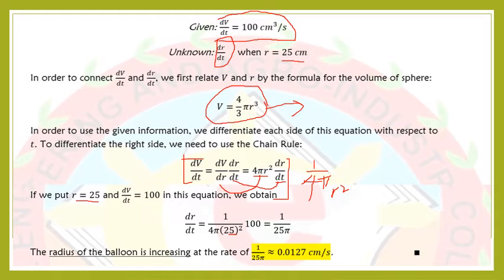And then, r squared times etong 100 na yan yung dV over dt. Okay. Which is equal to 1 over 25 pi. Therefore, the radius of the balloon is increasing at the rate of 1 over 25 pi, or approximately 0.0127 centimeter per second.